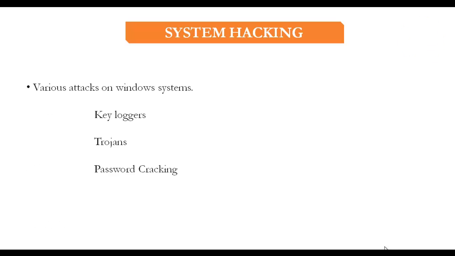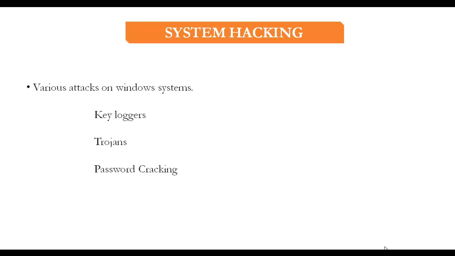These are a few techniques that can be used to hack into Windows computer systems. The first one is keyloggers. A keylogger is software or hardware which can be used to steal the keystrokes from a particular keyboard. And a Trojan horse is also a type of malware which can be used to gain remote access to a computer system.